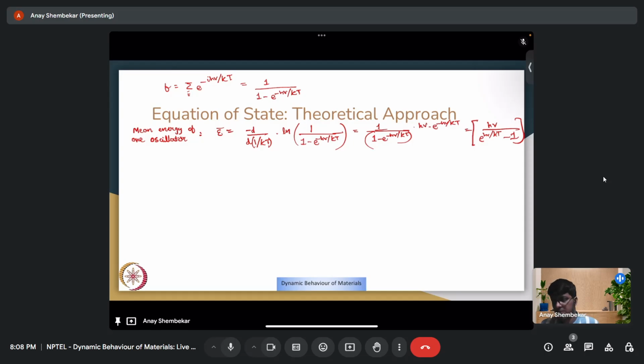So this would be the mean energy of one oscillator in a system with capital N atoms.